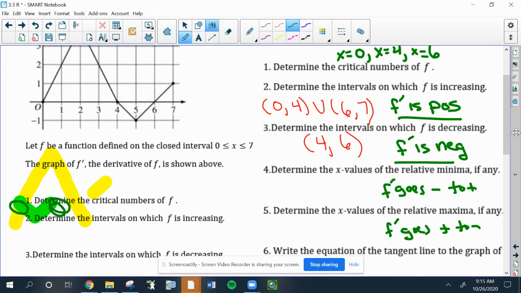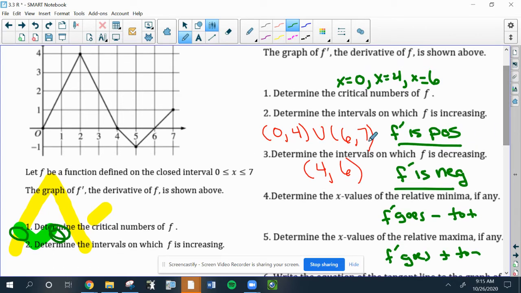So again, we just look at this graph. At 0, it starts out positive, so nothing changed. You're looking for a change. The derivative is positive, as we just talked about in the previous question, until you get to 4, and then it goes to negative. So positive to negative at 4. That would be a maximum.